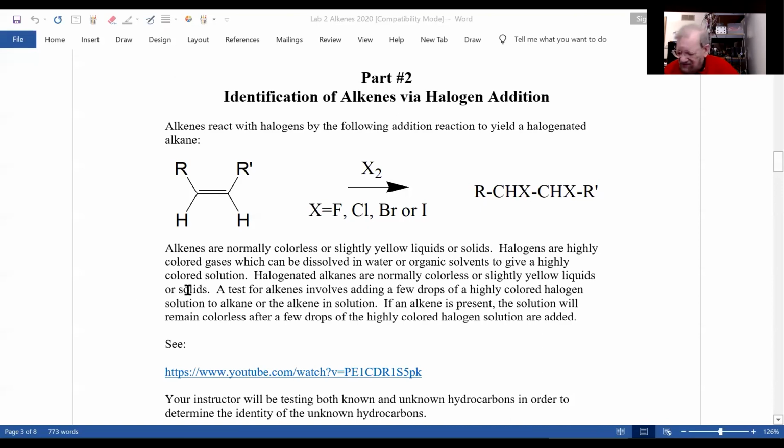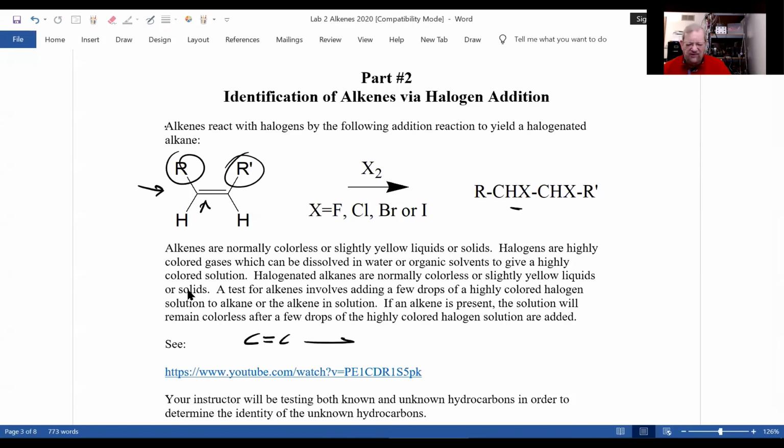Here I'm showing you the general reaction. You take a double bond, any double bond, that's why I have R and R prime, and react it with a halogen. It reacts immediately.